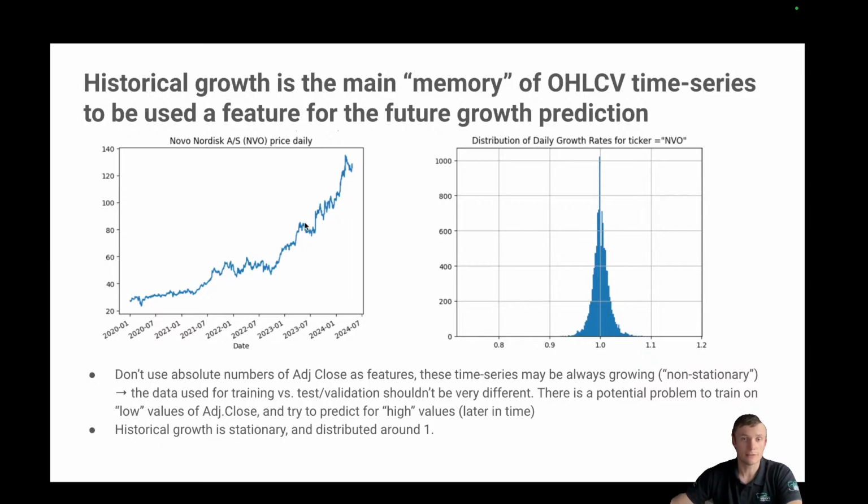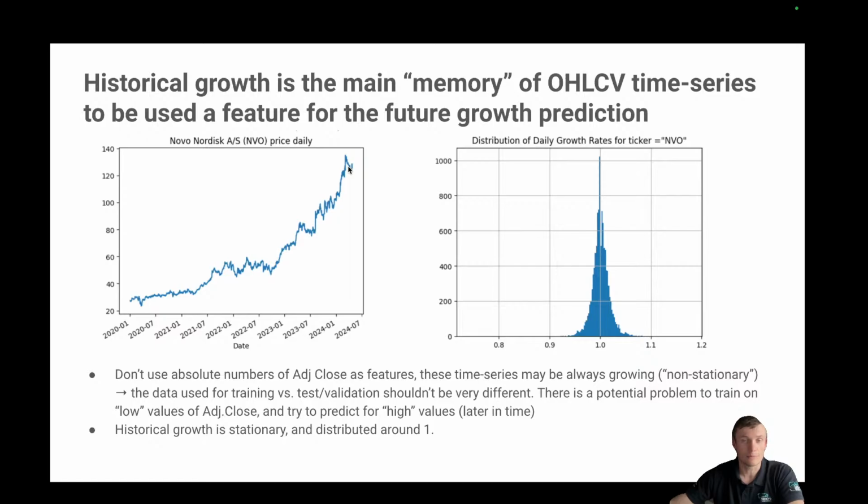As I have said previously, and you can easily check on this graph, say NVO ticker, it was growing approximately all the time. And if you split your data for train, validation, and test, and you trained your model on 2020 to 2022, it never saw data which is higher than 60. But then when you start to predict and use it for trading, you feed data which equals 100 and 120.